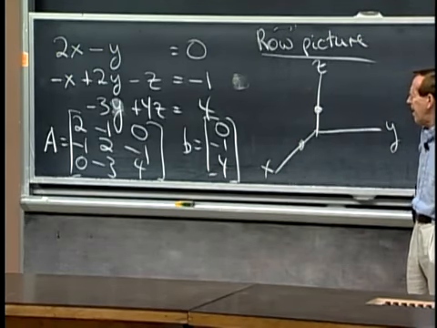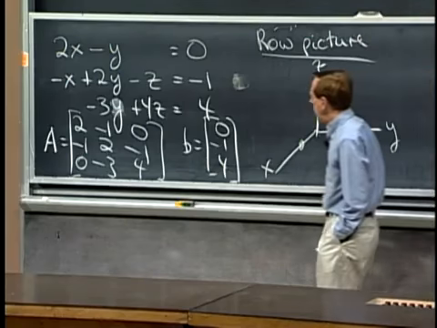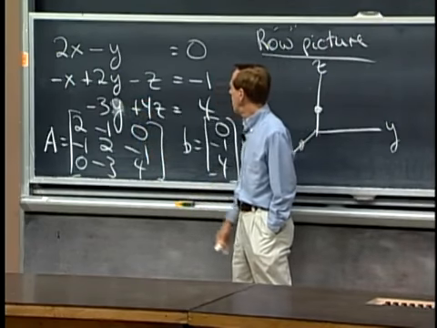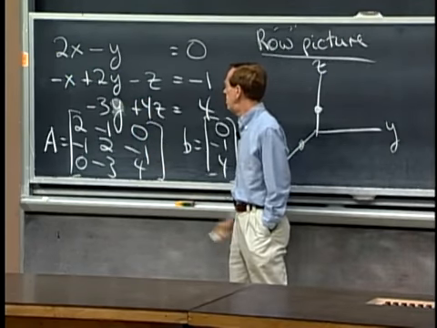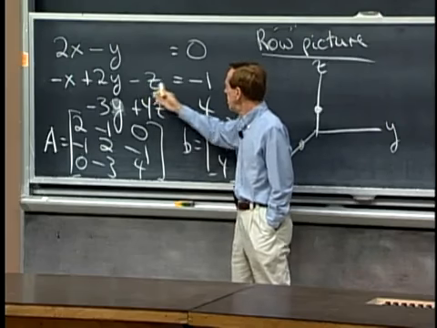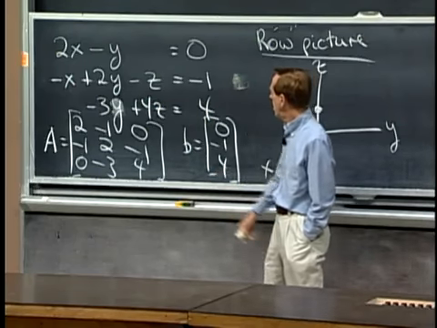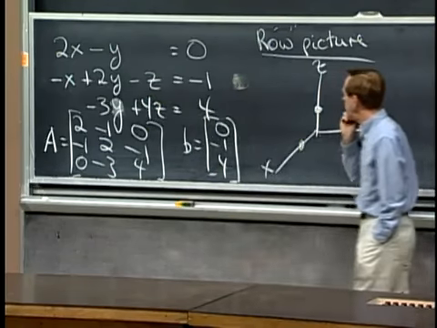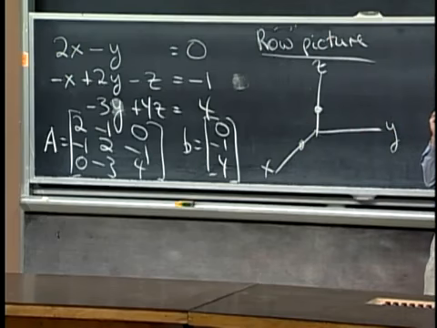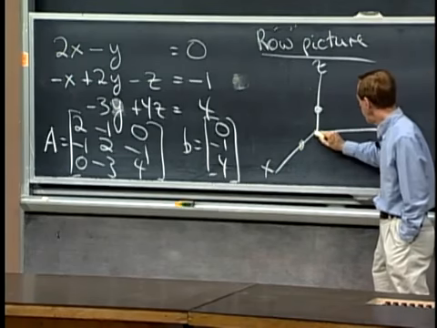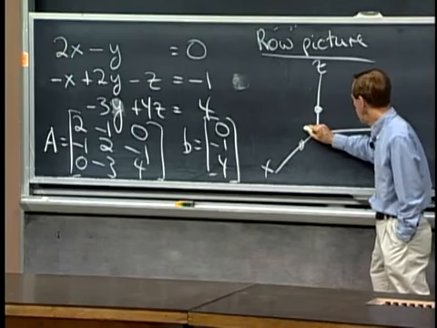And probably I want a third point here. Let's say x is 0, z is 0, then y would be minus a half, right? So there's a third point. Somewhere, okay.